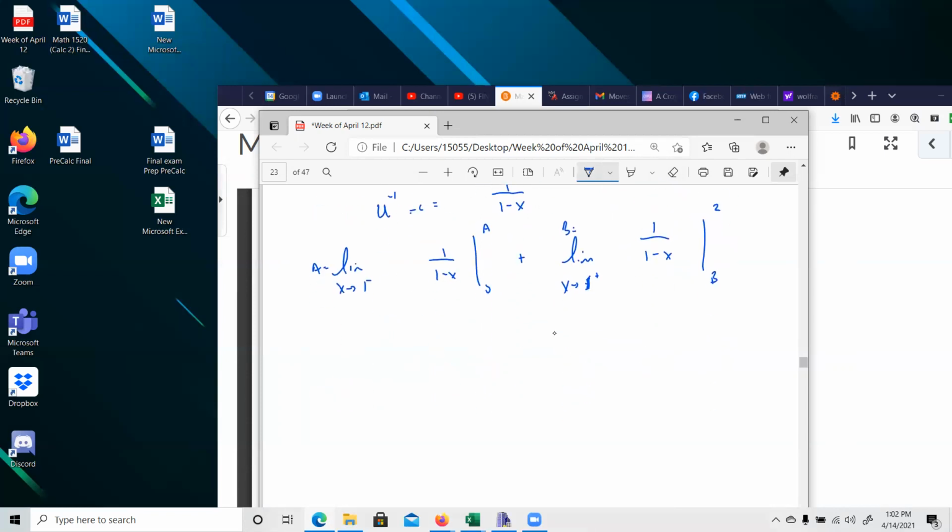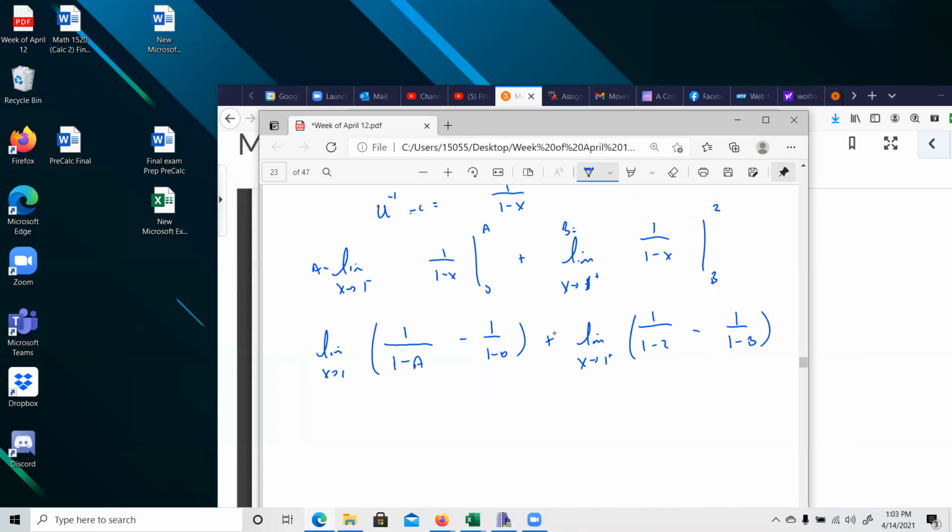Okay, so this is going to be the limit as x approaches 1 of 1 over 1 minus a minus 1 over 1 minus 0. Plus we have the limit as x approaches 1, and then we have 1 over 1 minus 2 minus 1 over 1 minus b.